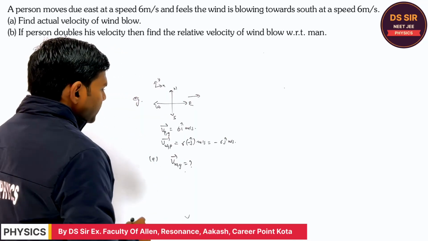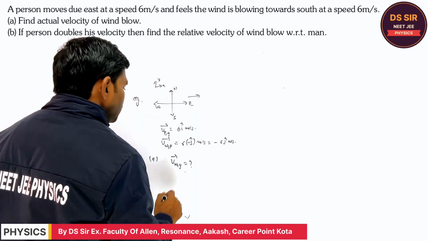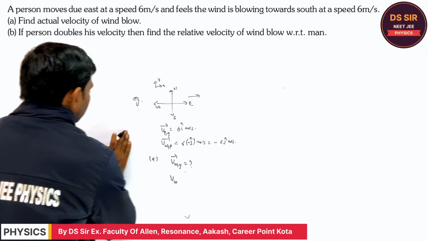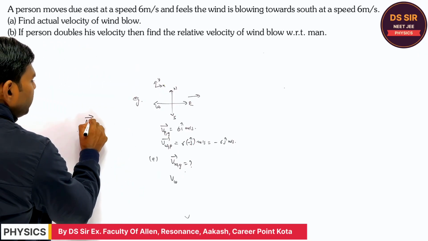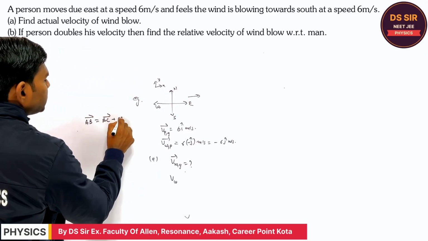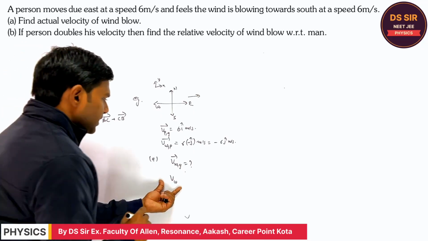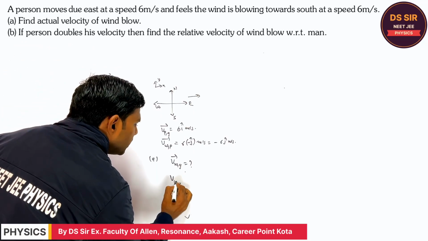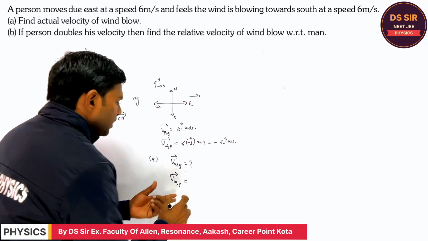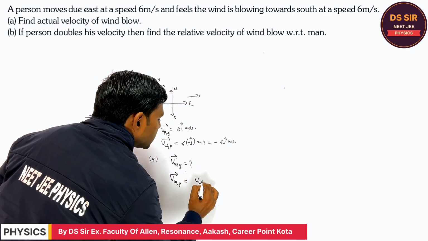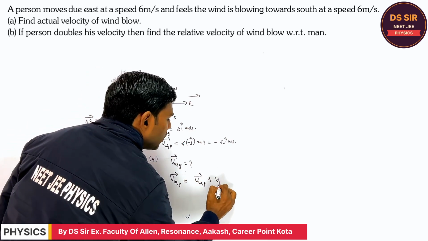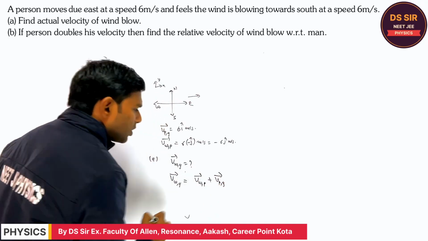So listen, one thing. You understand AB vector must be equal to AC plus CB vector. In the same way, the velocity of wind with respect to ground is the velocity of wind with respect to person plus the velocity of person with respect to ground.